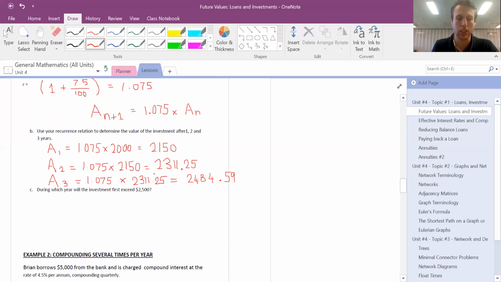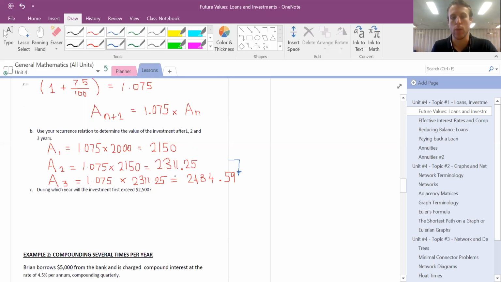So it's saying, during which year will the investment first exceed 2,500? Now we can see in the first 3 years, it doesn't exceed it. But the way that this is exponentially increasing, I can already see going from here to here, there is an increase of more than $100, and we're only $15.41 away from exceeding 2,500.